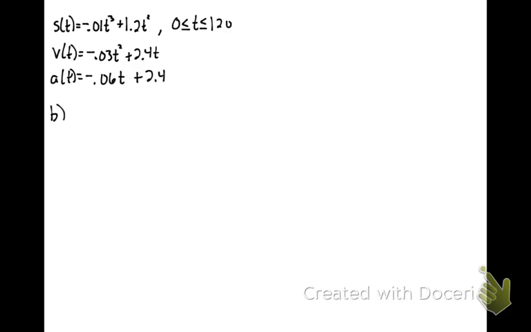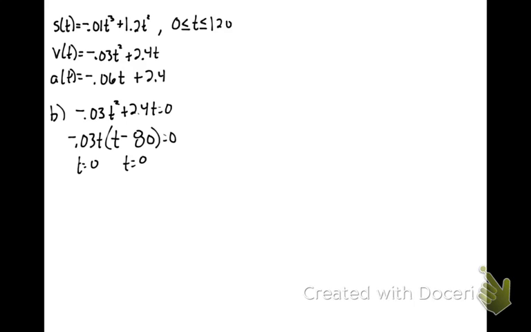Well, the roller coaster is stopped when the velocity equals 0. So when is negative 0.03 t squared plus 2.4 t equal to 0? If we factor out a negative 0.03 t, we'll be left with t minus 80, which means it stopped at t equals 0 and t equals 80 seconds.